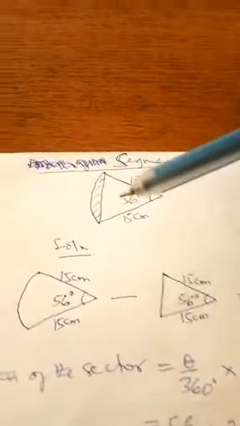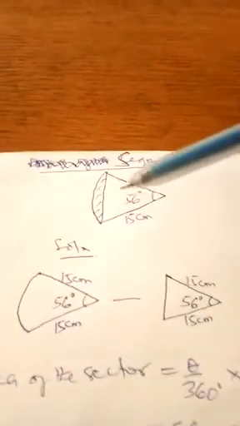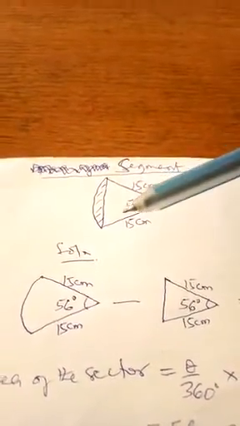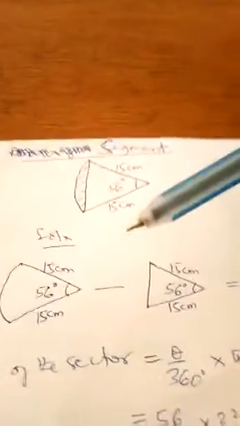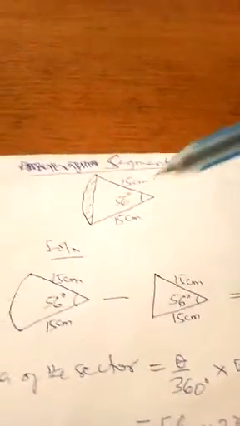Now, since we don't have a particular definition for it, it demands you using your initiative. There are cases where you need to subtract some areas from another. Some cases you need to add.